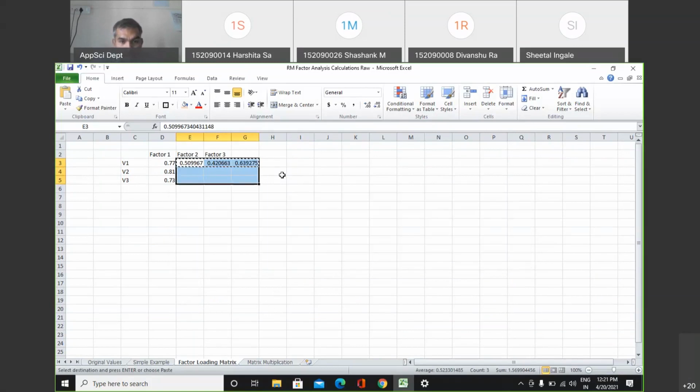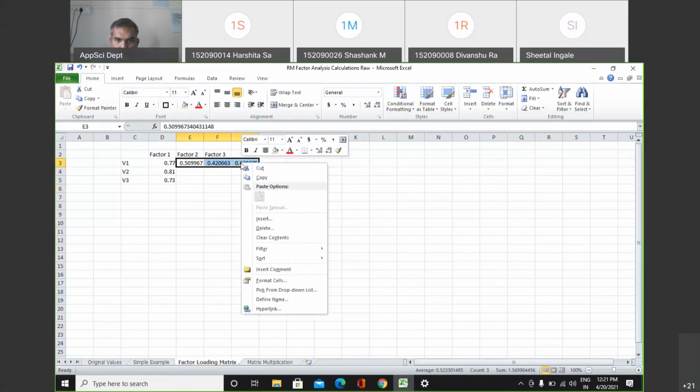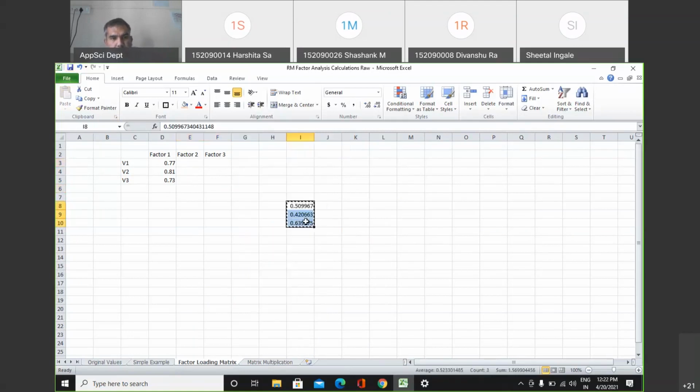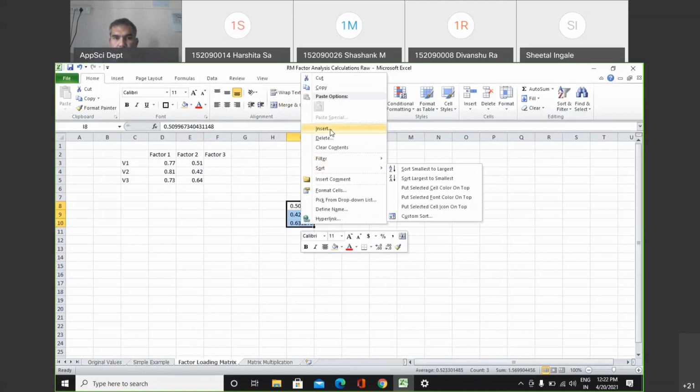I don't know why transpose rarely works. Now it works. It has to be outside that. Clear contents. Control C, Control V, and we reduce the number of decimal places. So this loading is done.